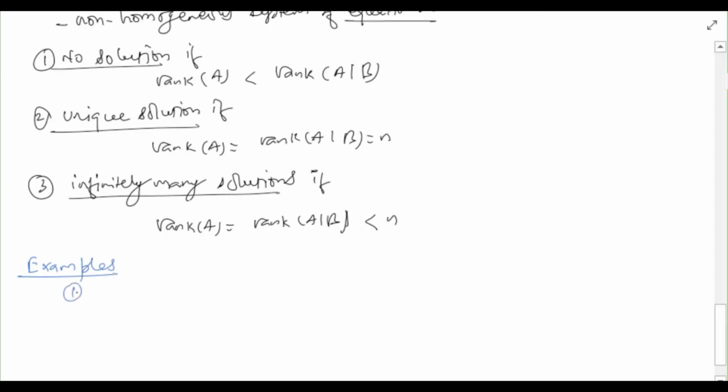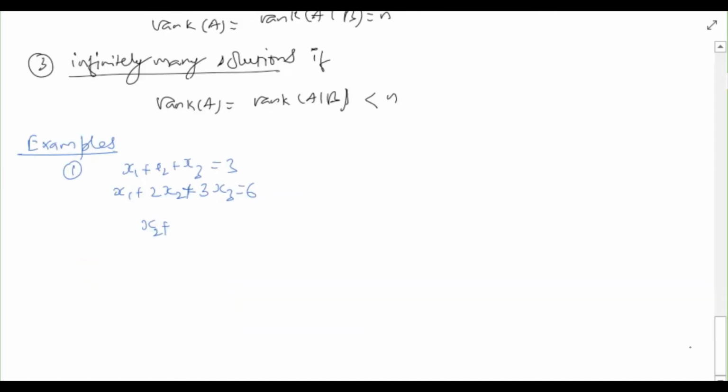First example is the set of equations x1 plus x2 plus x3 equals 3, x1 plus 2x2 plus 3x3 equals 6, and x2 plus 2x3 is 1. In this case, the coefficient matrix A equals 1, 1, 1, 1, 2, 3, 0, 1, 2.